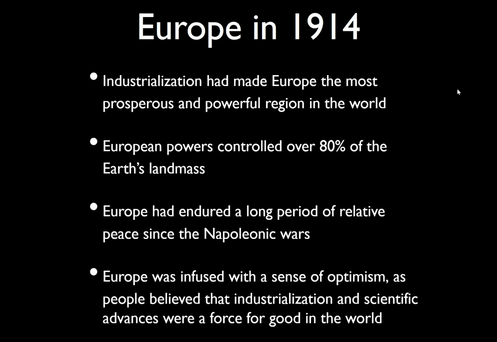So it is very important to note that industrialization had made European powers and their offshoots in places like the United States very powerful relative to the rest of the world. So you might recall industrialization was the process by which machines started to replace human labor, and this unleashed all sorts of technology, steam engines, eventually internal combustion engines.